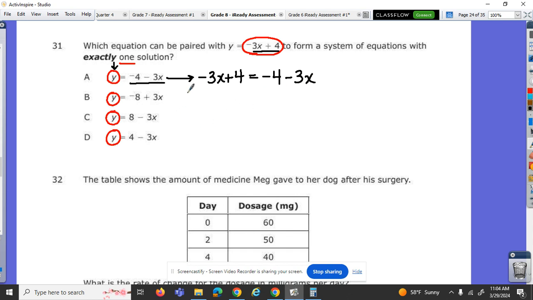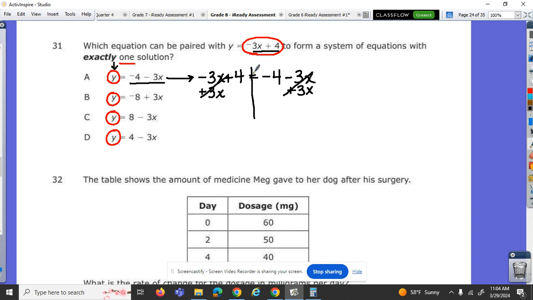If I was just starting out trying to figure out what was going on with this one, what I would do is get my variable on one side of the equation. But it's not really going to matter too much, because look at what happens. If I add 3x to this side and then to this side, they both cancel out.